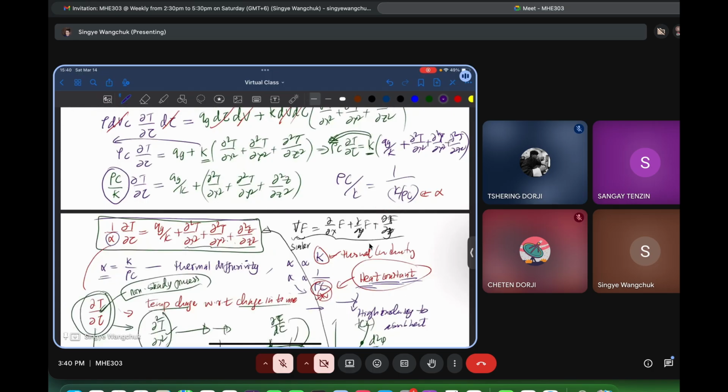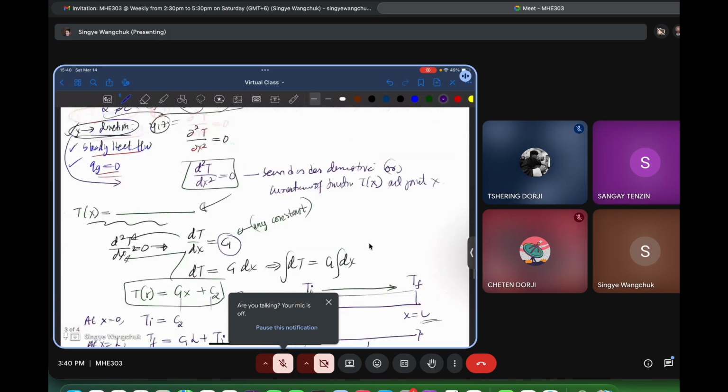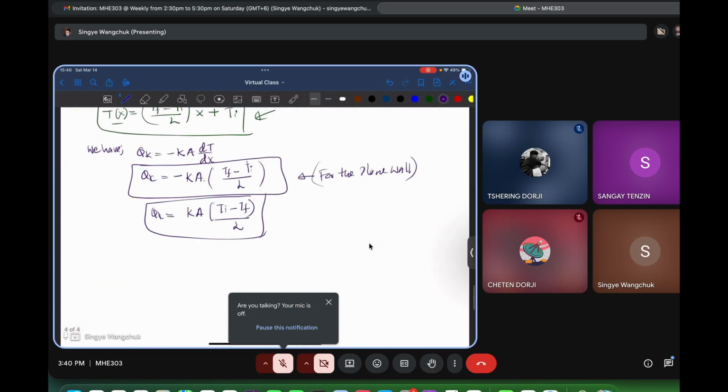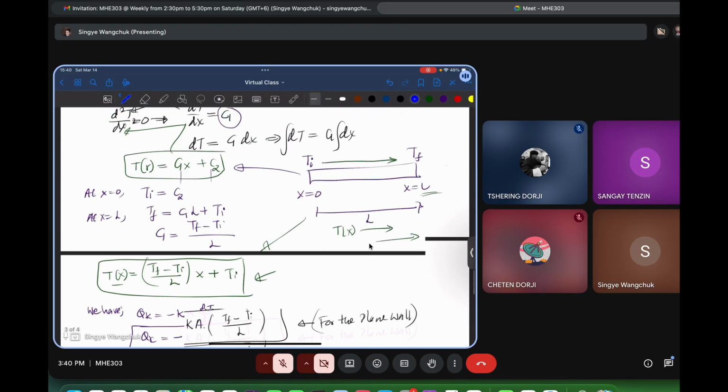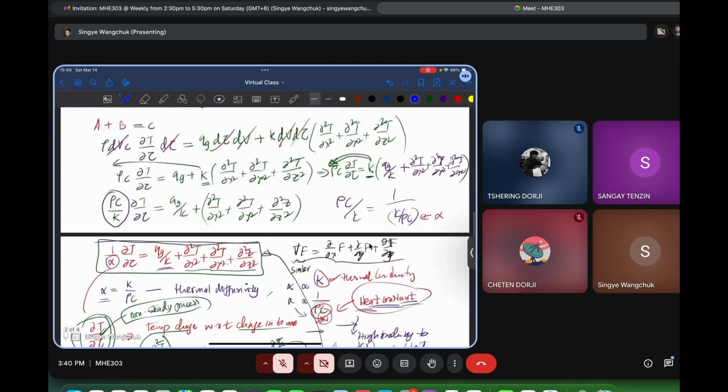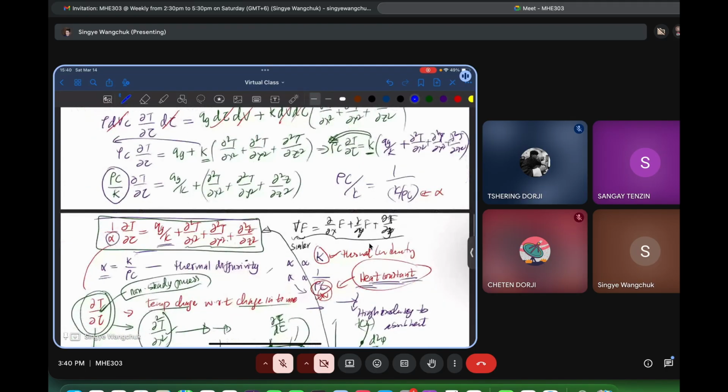Next, we will see the case where we do not assume that qg/k is equal to 0. Then you will get again a quadratic equation. This is the form of the heat equation in terms of Cartesian coordinates.